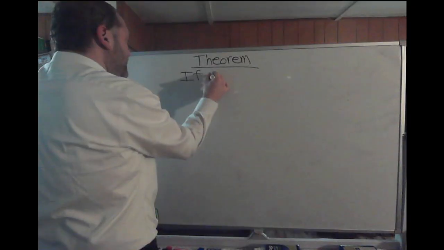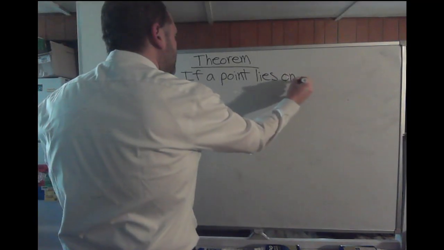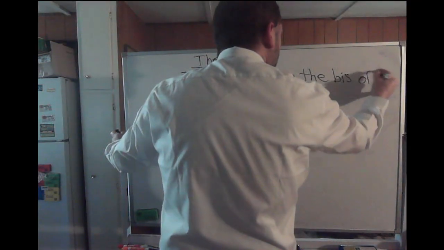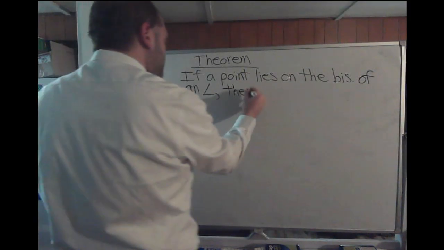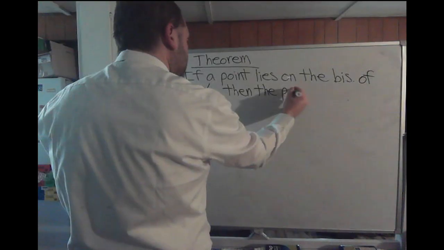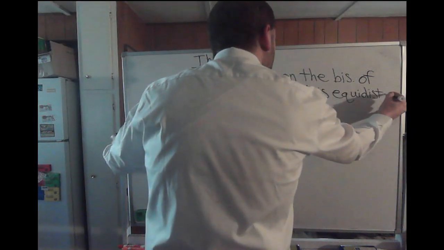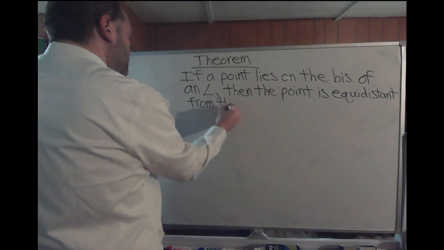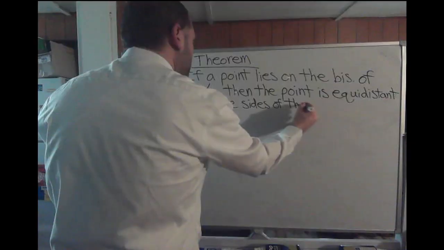If a point lies on the bisector of an angle, then the point is equidistant from the sides of the angle.